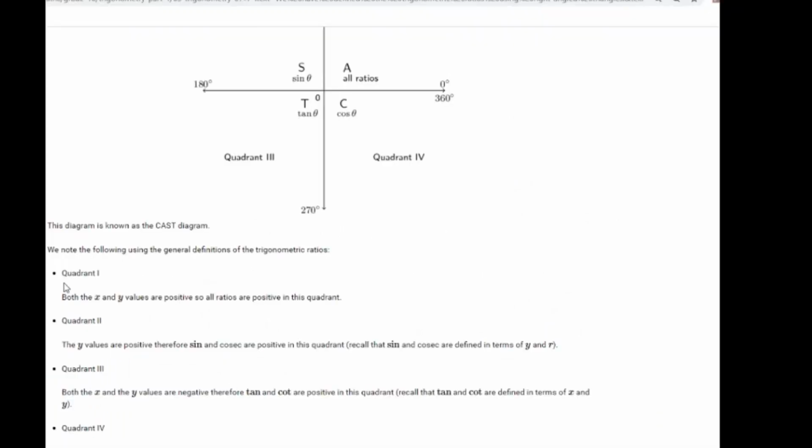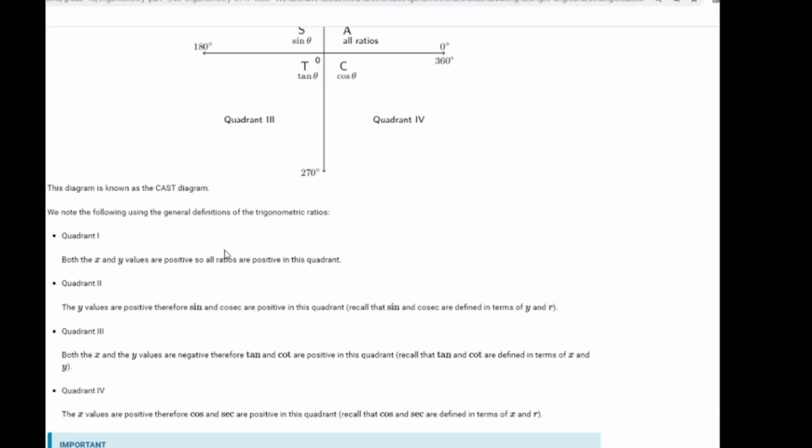We note the following using the general definitions of the ratios. In quadrant 1, both x and y values are positive, so all the ratios in this quadrant are positive. In quadrant 2, the y values are positive, therefore sine and cosec are positive in this quadrant. Recall that sine and cosec are defined in terms of y and r.